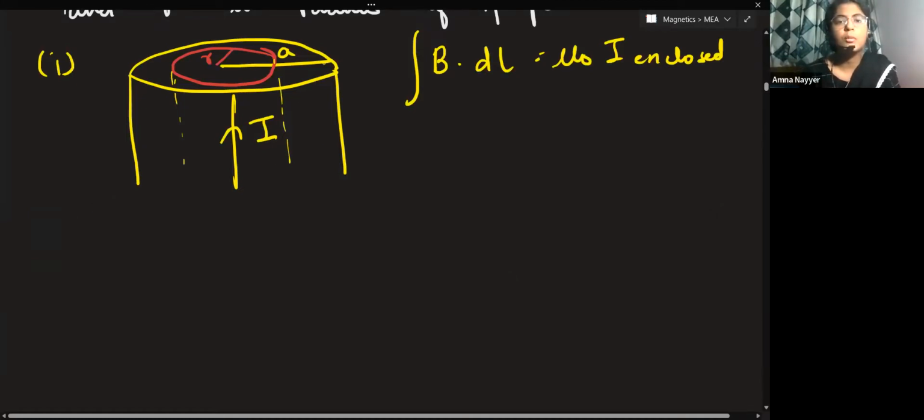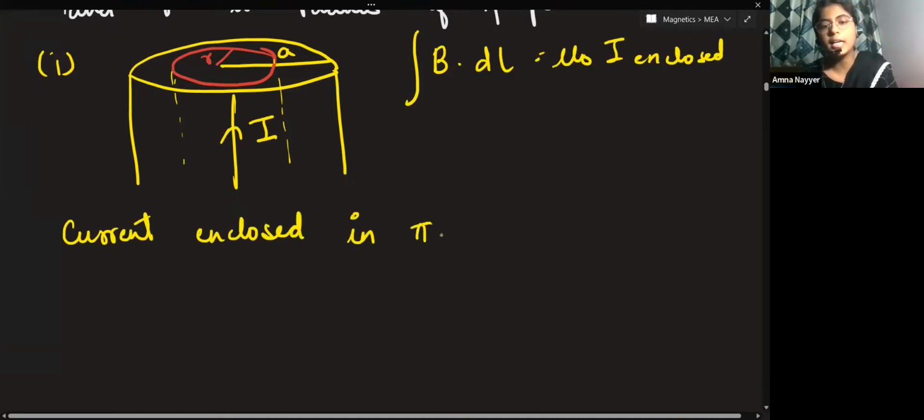Basically, what is this area? This area is pi a square. So current enclosed in pi a square is, it is what? Current enclosed in pi a square. This is I completely.